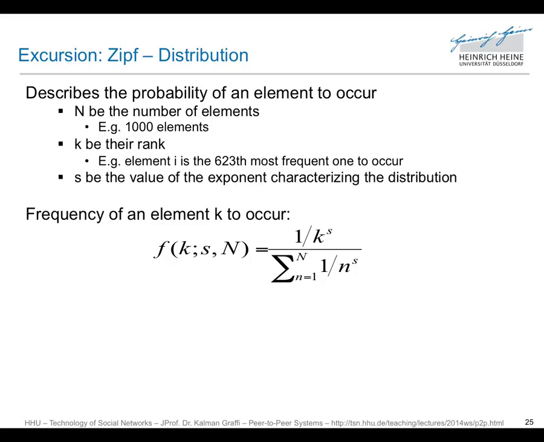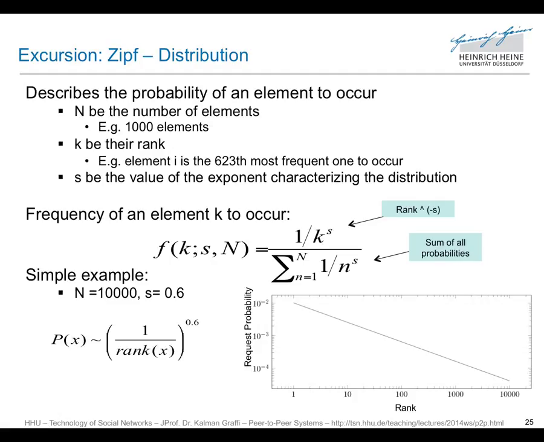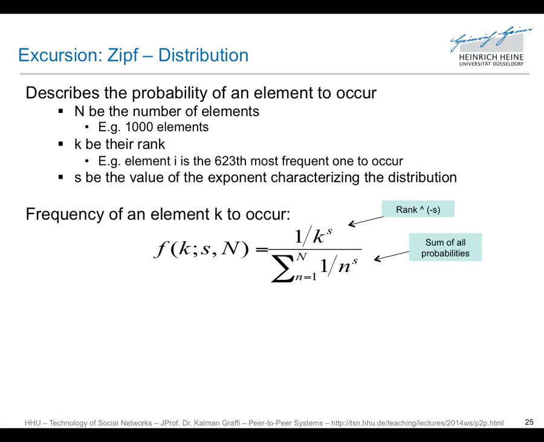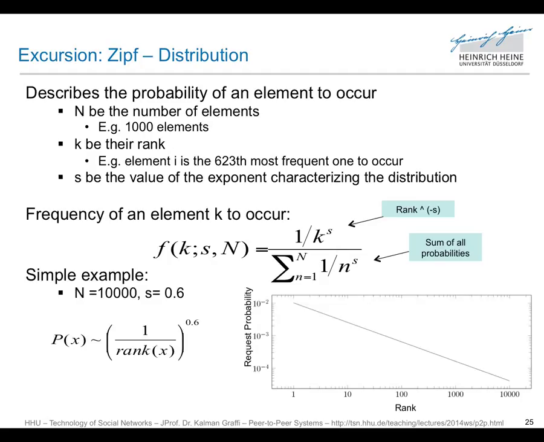In the lower part of this formula, there you see, or let's start here at the top, first, the K, that's the rank that we have. So K is the number 623. We want to calculate, for the object with the popularity number 623, the probability that it is selected next.